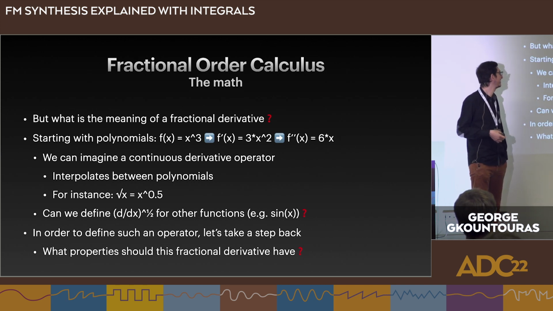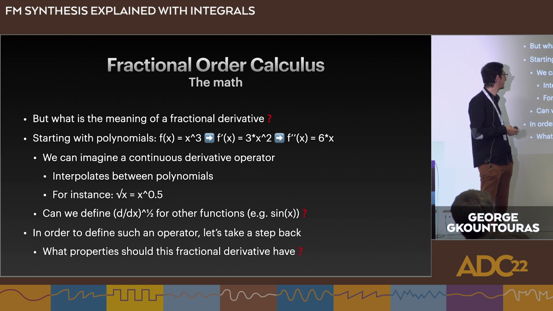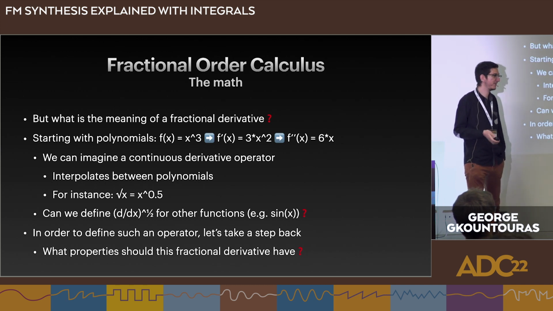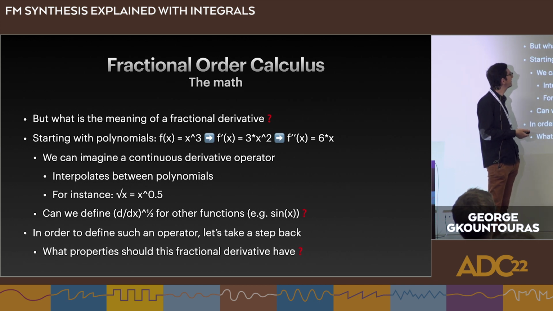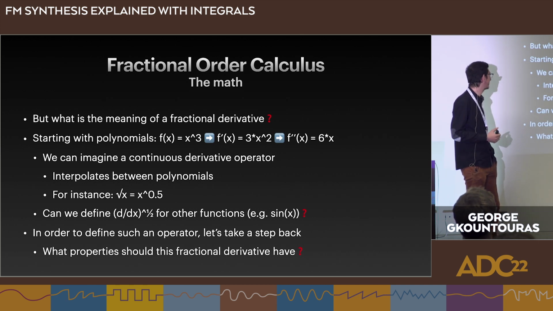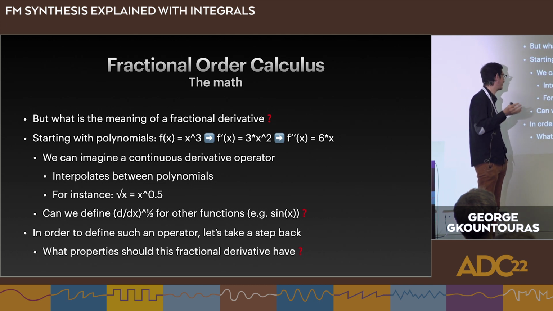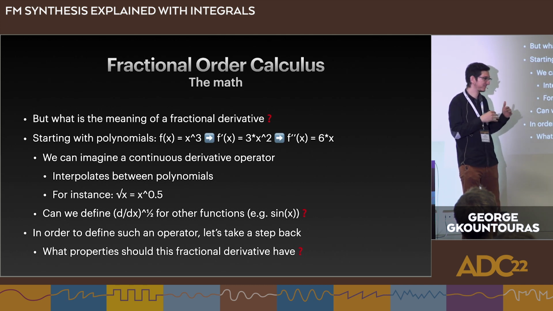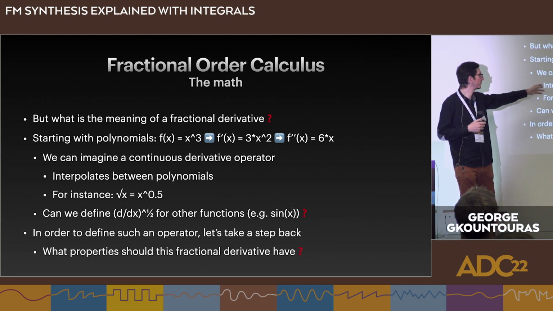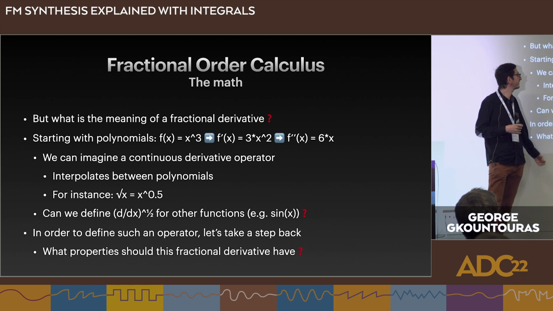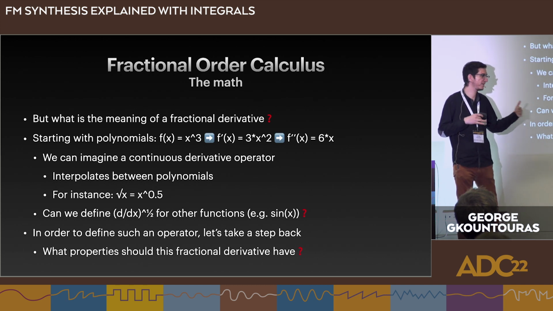So for example, we can have the square root, which is the half power. It's in between the polynomials that come from this differentiation, so perhaps we can define an operator to get it.